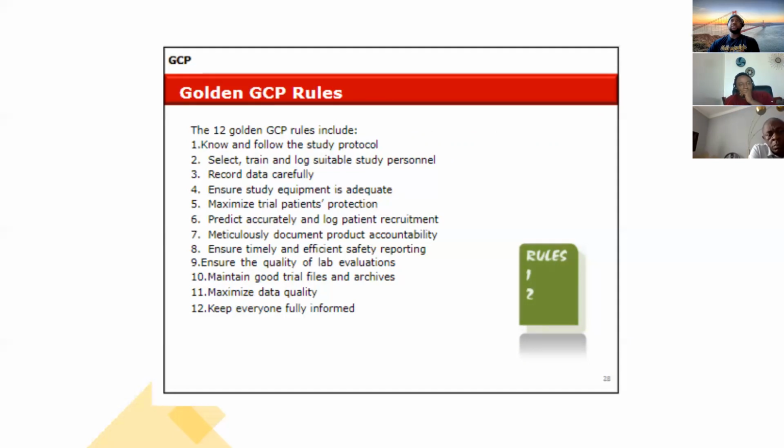So, GCP golden rules. There are 12 golden rules for good clinical practice. One, I know and follow the study protocol. Select, train, and log suitable study personnel. Ensure that data is recorded, ensure that study equipment is adequate, maximize the trial participants' protection.